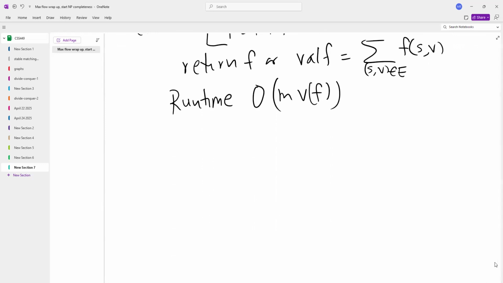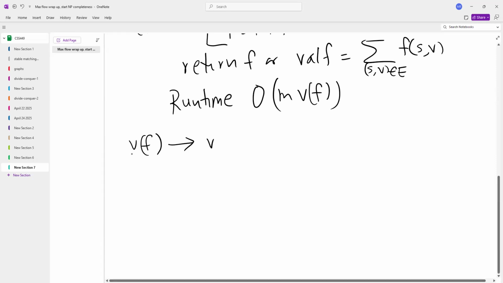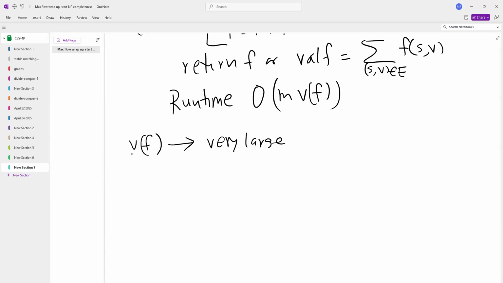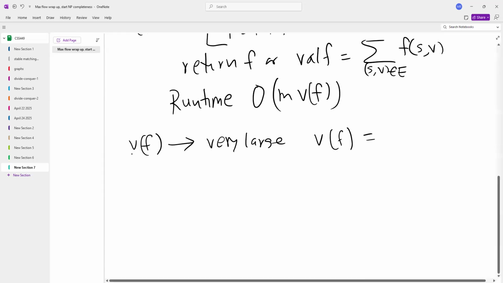In general, the value of a flow can be extremely large, right? And there is nothing that stops me from creating a graph where the value of the flow is like 10 to the power n, because it's a variable thing.